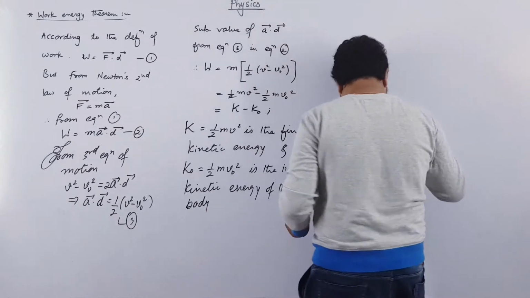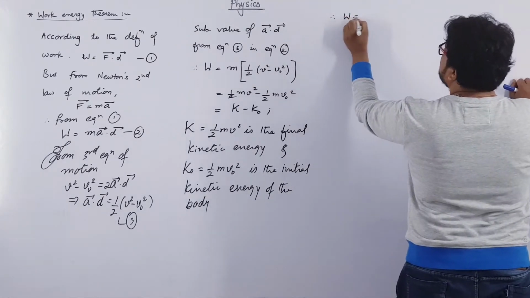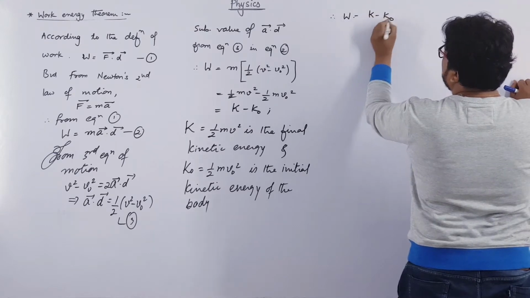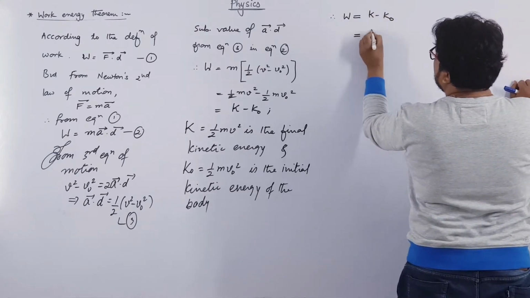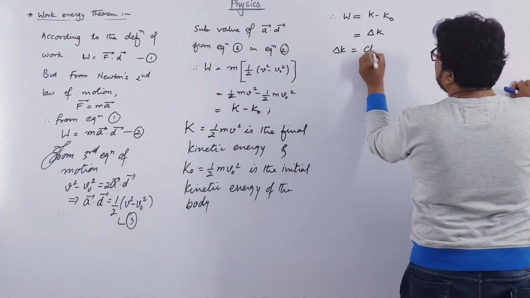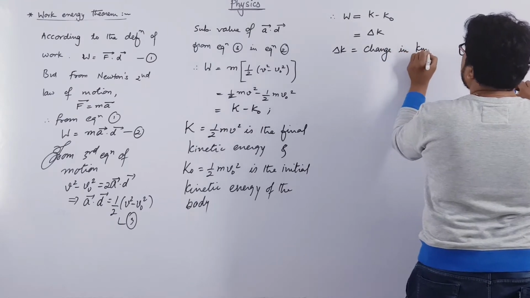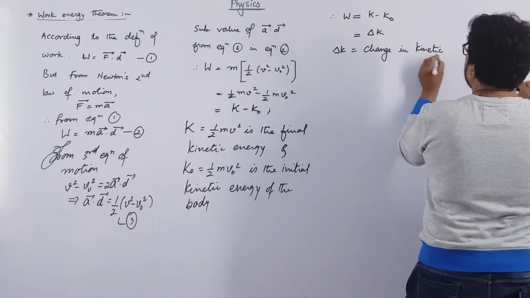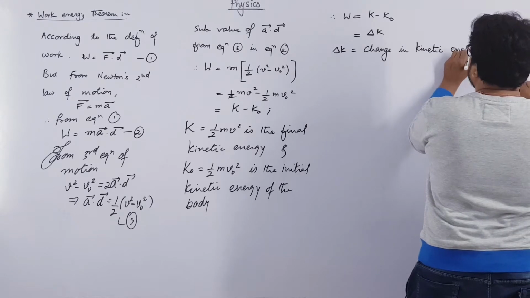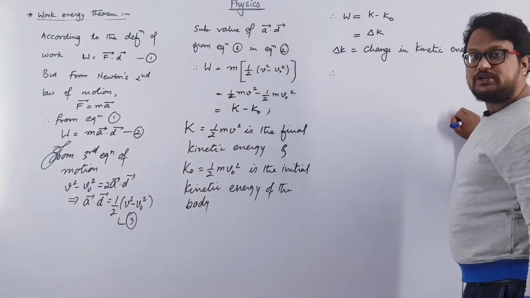Right, so W is equal to K minus K naught, which is written as delta K, the change in kinetic energy. So you can say that the work done is equal to the change in kinetic energy.